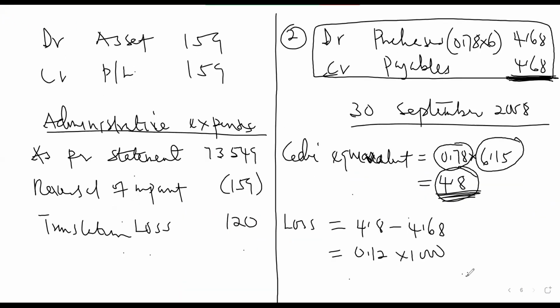The actual treatment should have been from the fair value. We learned it from the fair value, but they haven't done that. What did they do? They have included it in the administrative expense.